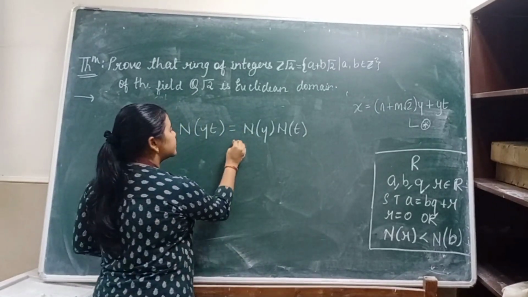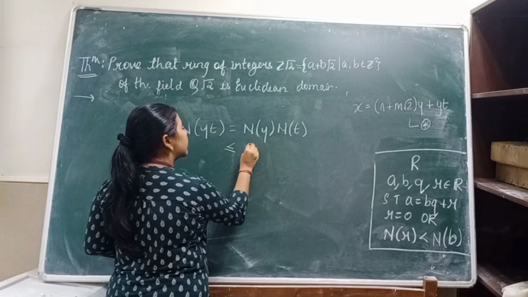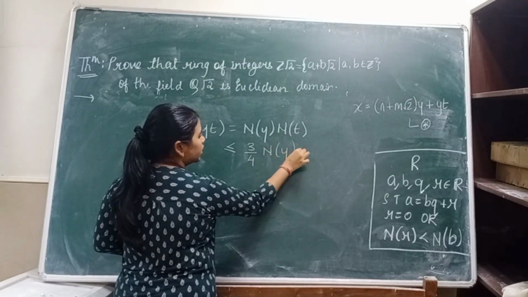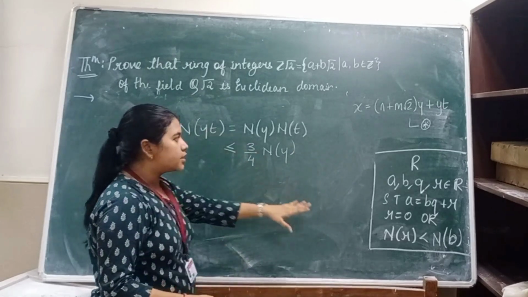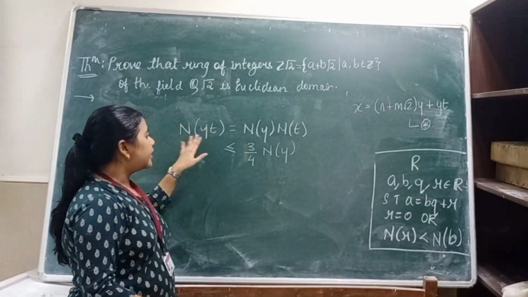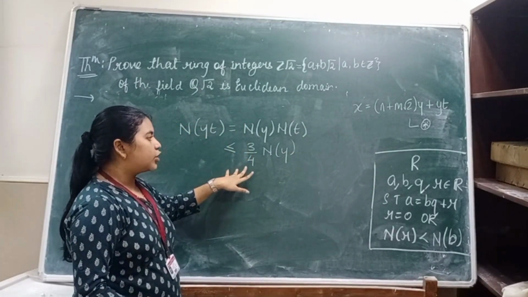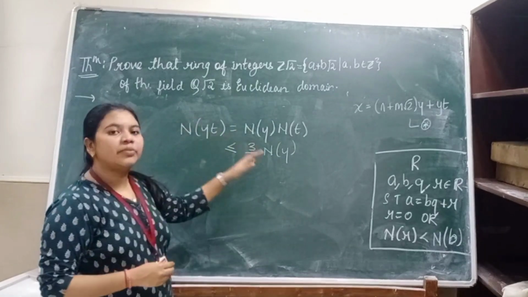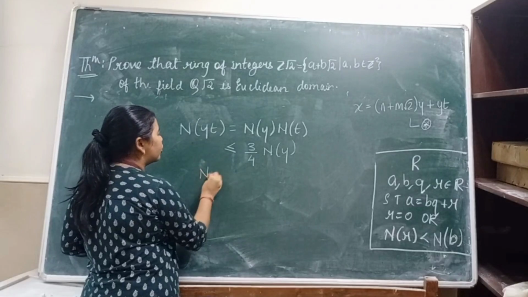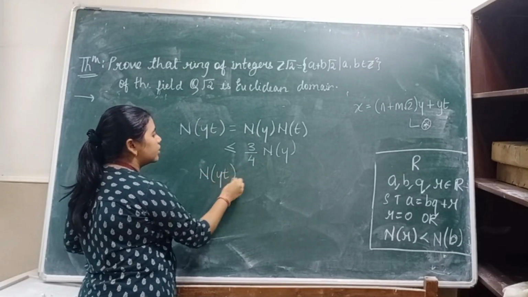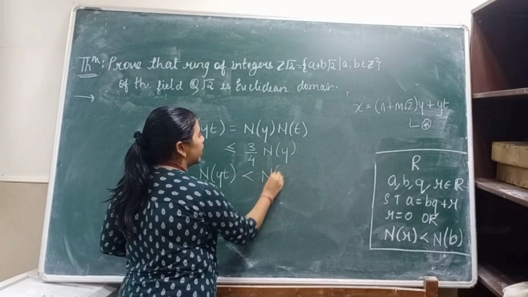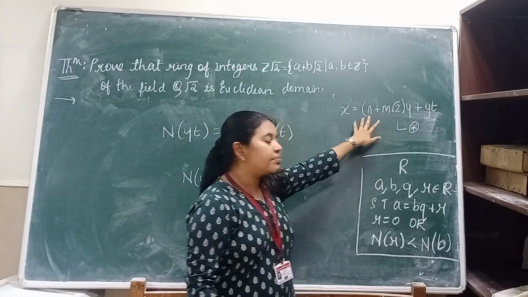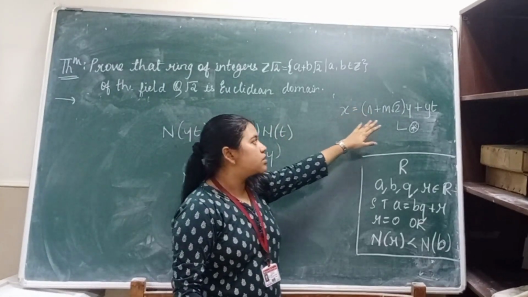Therefore, we can write this as less than or equal to 3/4 times N(y), where N(yt) will be less than or equal to 3/4 of N(y). So therefore, from here we can say that N(yt) will be less than N(y), where in the star condition we can already see that n + m√2 is the quotient and yt is the remainder.